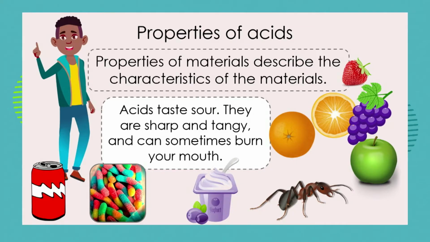But remember what we were doing when we looked at properties of materials. We were looking at characteristics that we could use to describe the material. So when we were looking at characteristics and properties of materials, we were looking at things like durability and strength and boiling point and conductivity.